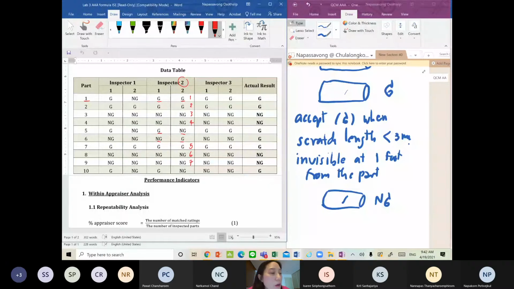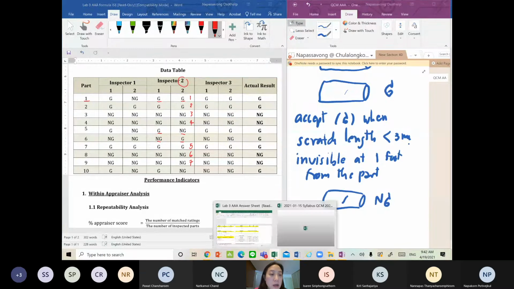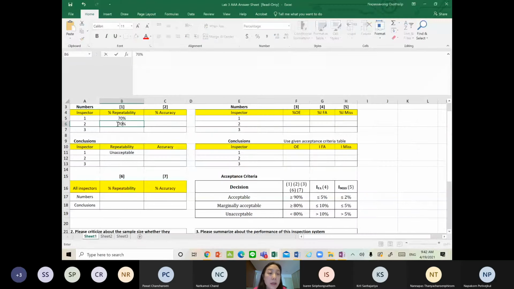So, if we want to calculate the percentage of the parts that this inspector gives consistent results, what would be that percentage? 70%. That's good. So everybody, please write down in the answer sheet: for inspector number 2, percentage repeatability is 70%.